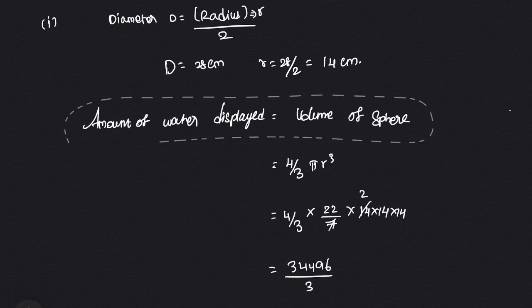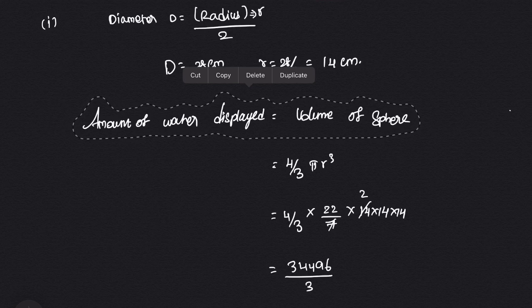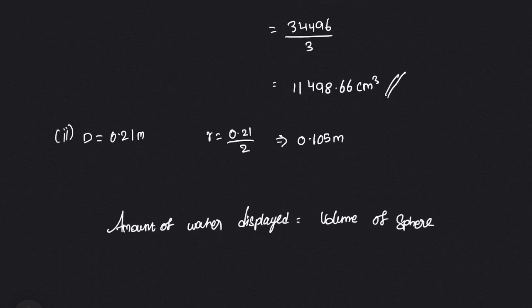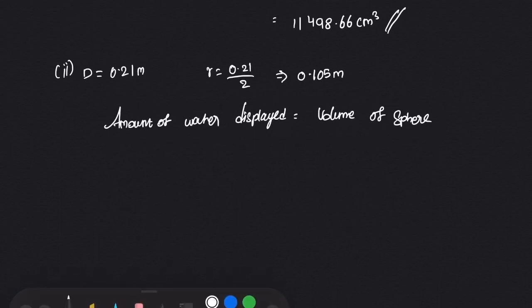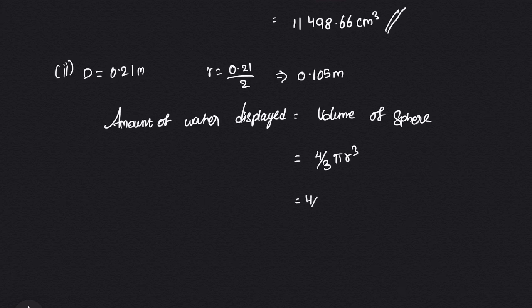Amount of water displaced is equal to volume of sphere. So just replacing, formula is 4 by 3 pi r cube. Then 4 by 3, the value is 22 divided by 7. Then r value is 0.105. If you are using a calculator it is very easy. But in a manual calculation, we need to convert. So 105 divided by 1000 is much better to calculate.